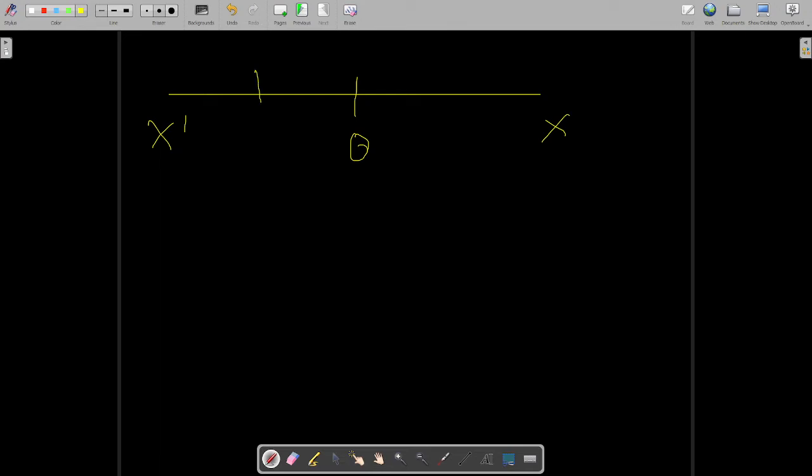Okay, so let this be point B, and let this be your point A. You have to find the probability between x equal to minus alpha and x equal to plus alpha.